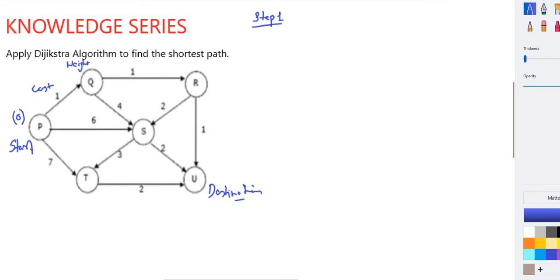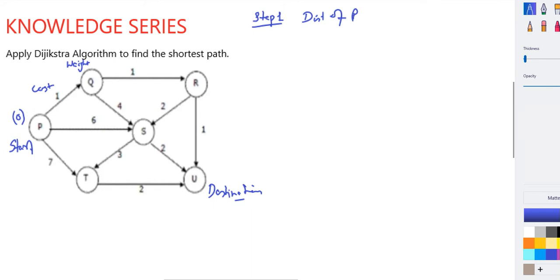You will find that there are 3 arrows emerging out of P, going to the neighboring vertices, that is Q, S and T.